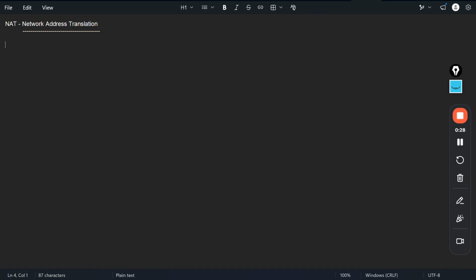Network Address Translation means it translates one IP address to another IP address.